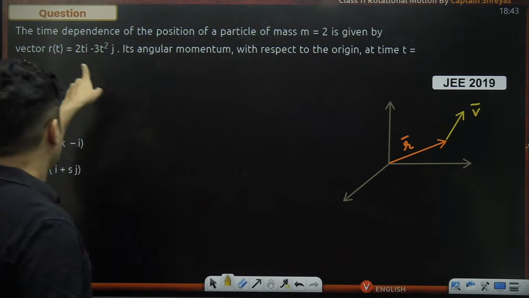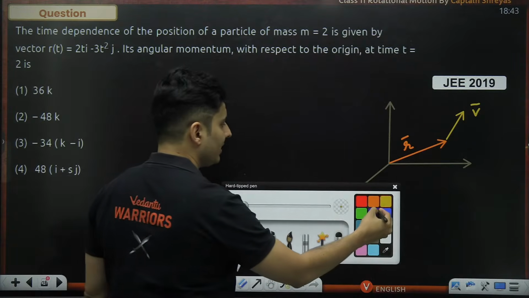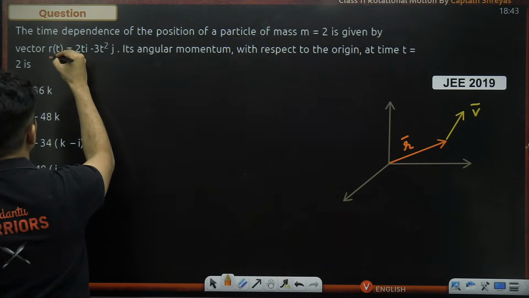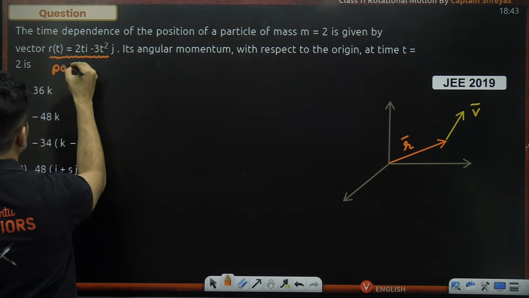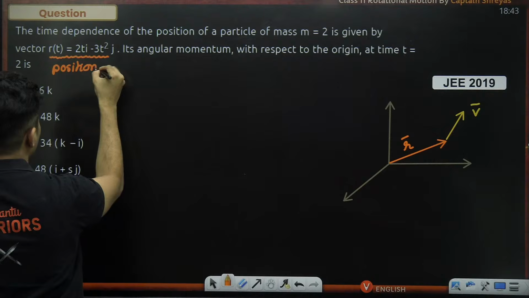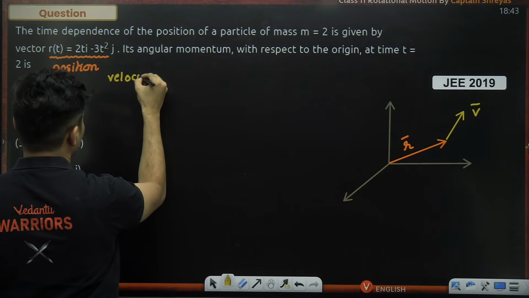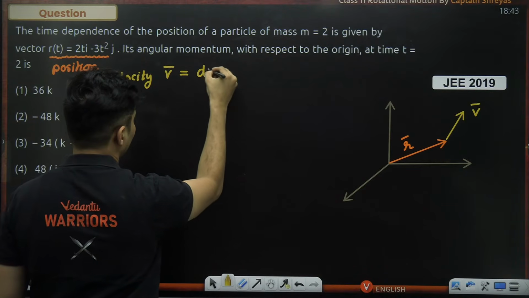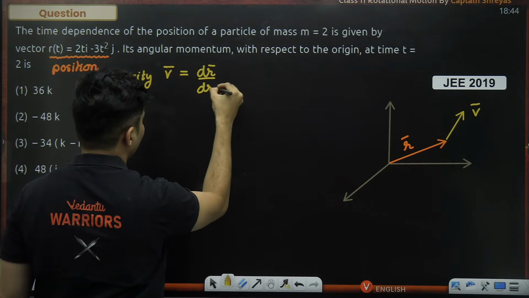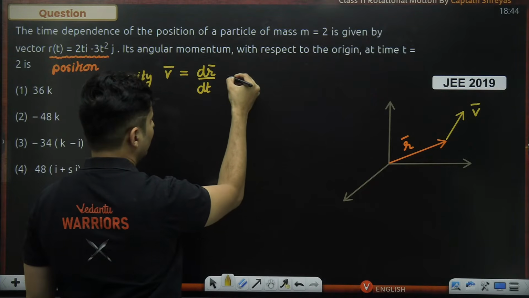Don't worry. Because the position vector is given, I can find the velocity by differentiating it. See, this is my position vector. In order to find its velocity, v bar, I'm just going to take dr vector by dt, the derivative of position with respect to time.